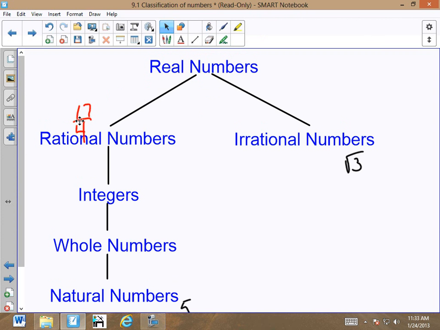So it slides down to rational. Is 17 over 4 an integer? Put 17 divided by 4 in your calculator. What does it tell you? It tells you 17 over 4, right? So it cannot be turned into a number that doesn't look like a fraction. So it ends right here at rational.